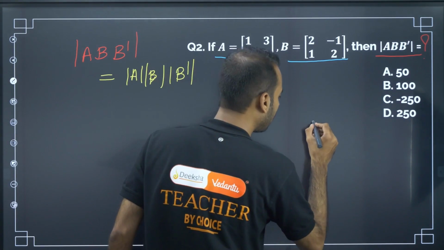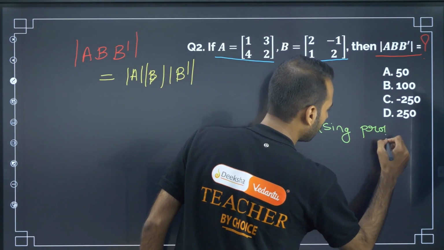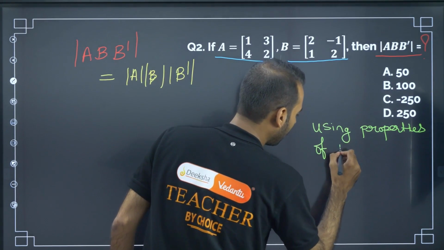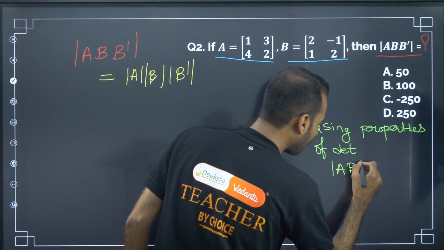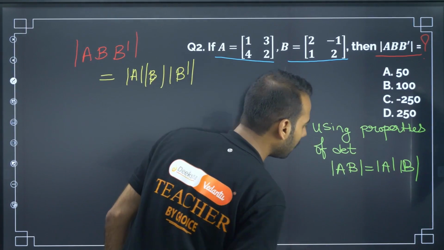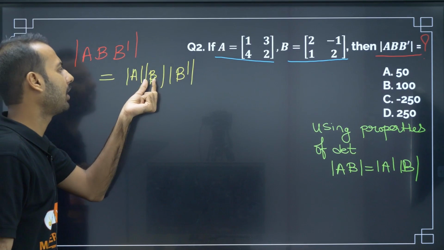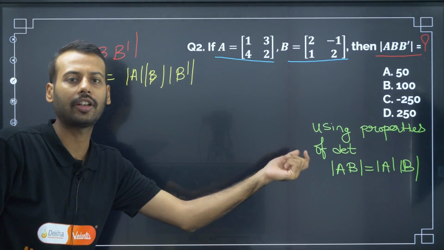Determinant of AB can be written as determinant of A times determinant of B. If it is A B B dash, then determinant of A, determinant of B, determinant of B dash. If it is A B C up to Z, determinant of A, determinant of B and so on.